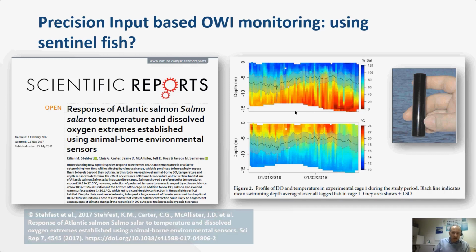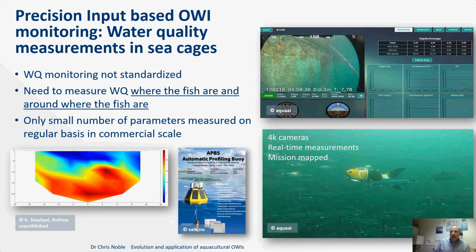Basically, the fish avoided these warm surface waters, and so the vertical habitat was markedly reduced. So if you don't have a full profile of the rearing system, you miss all this. So with better environmental monitoring, you get data on why the fish distribute themselves the way they do within the rearing system.